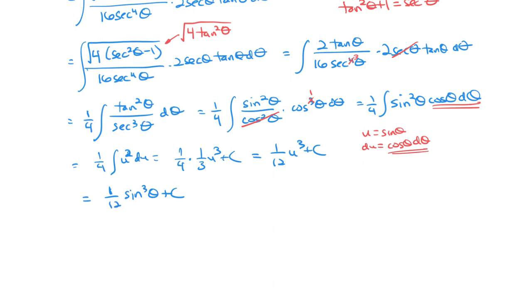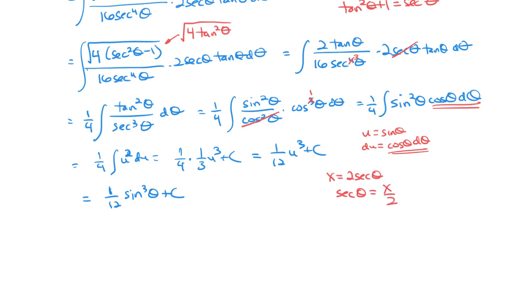Now we have to go back and draw our triangle. If you look back at the very front of the problem, our first substitution was x equals 2 secant theta. That means that secant theta equals x over 2.